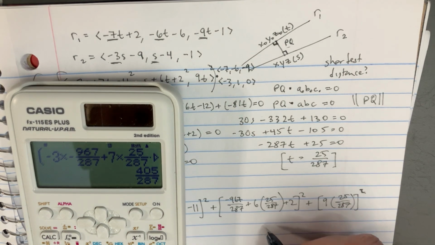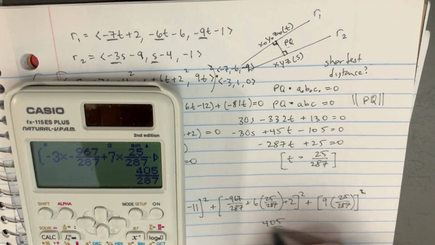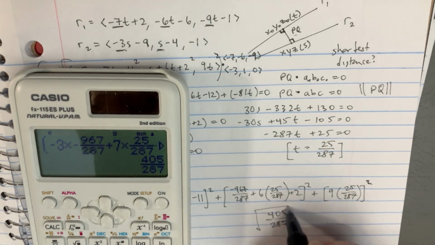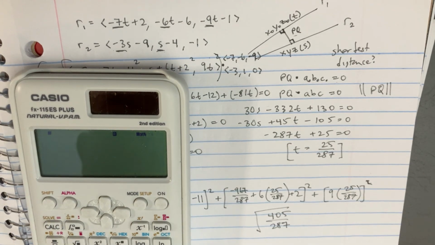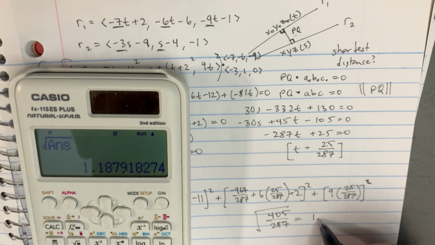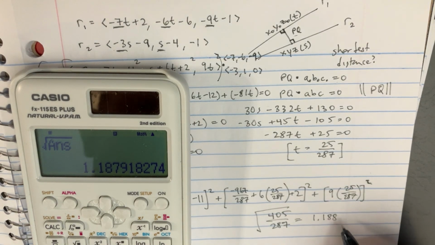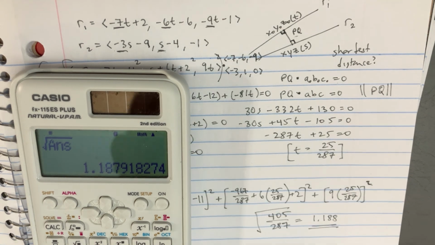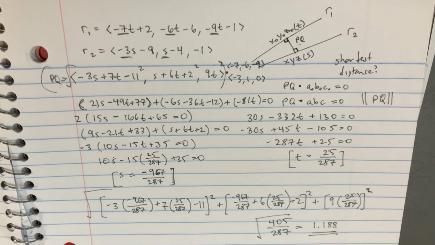And then I'm going to be getting 405 over 287. We're going to take the square root of that, which is going to equal 1.188. And that is indeed the correct answer. So that would be the shortest distance between those two lines.